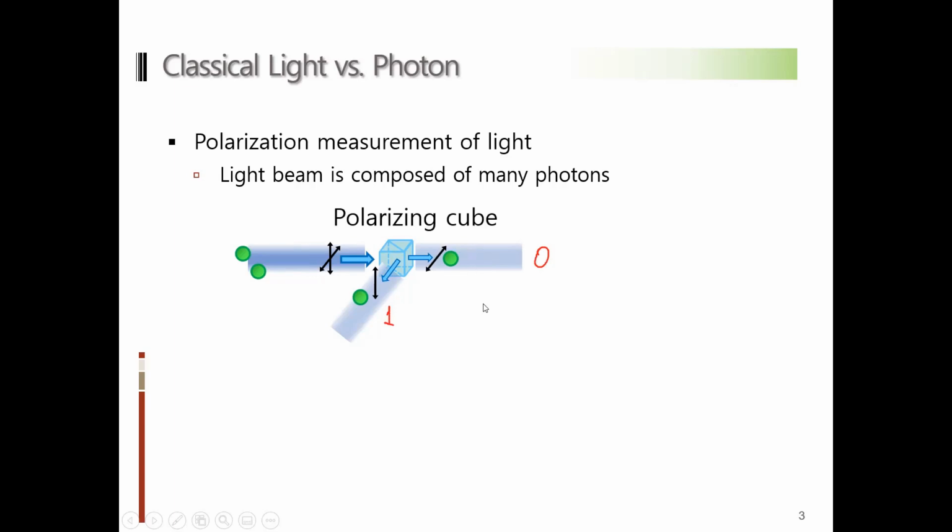The most challenging question is, what happens if I just start with a single photon? If it is a classical case, then you might say that this photon might be split into two paths. But no, a photon cannot be split into two paths, because whenever we shine the laser or light, either the transmitted light or the reflected light still has the same frequency as the incoming light.